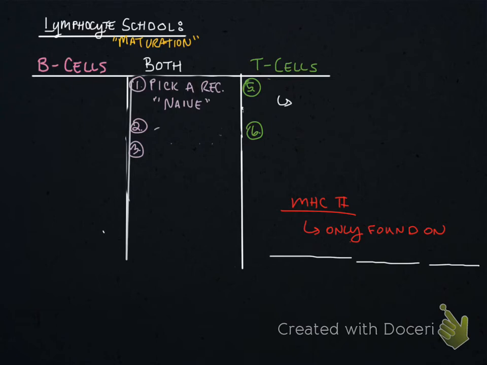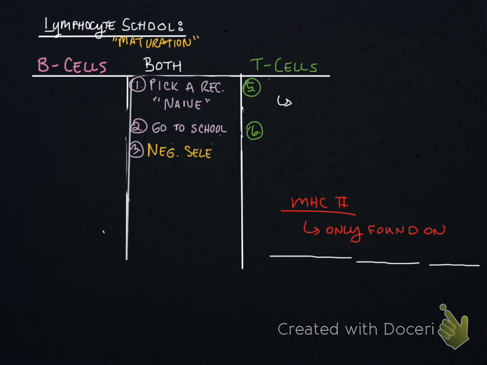Then they go off to school. So B cells will go to the bone marrow, T cells will go to the thymus. Then they have to go through what's called negative selection. And notice that I'm writing this in the both category.